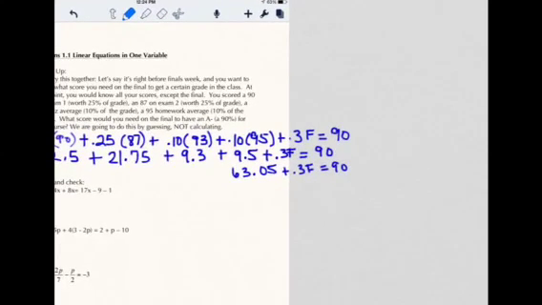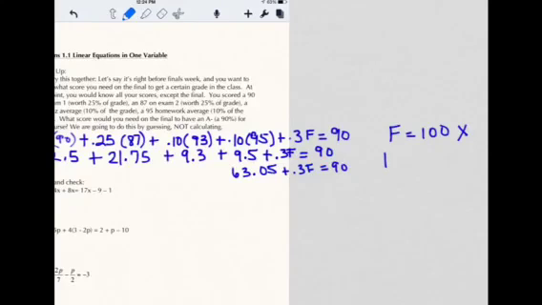So if the final were 100, that would contribute 30 points because 0.3 times F, 30% of 100 would be 30 points. So that would be larger than 90. So that's not the lowest score you need to get to be able to get an A-.